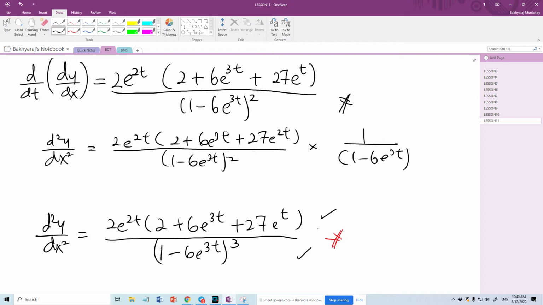Okay, now next I want to move on to tangent equation. Okay, I pause kejap. Okay, next I want to go for tangent equation.